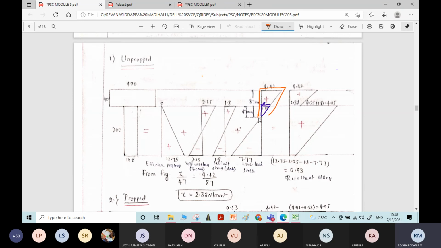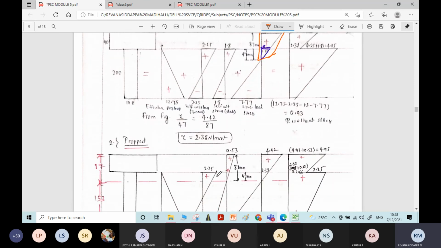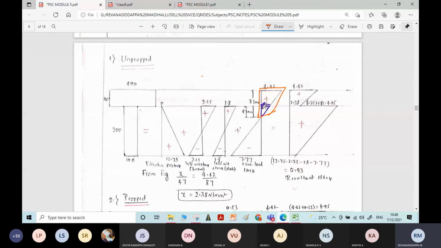These two right angle triangles are similar right angle triangles, right? So by applying the similarity rule, x is the unknown.